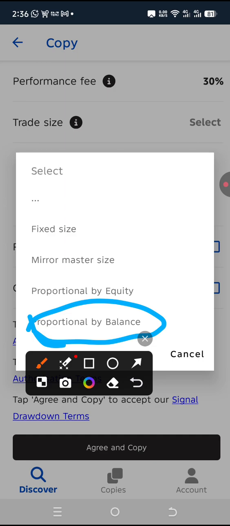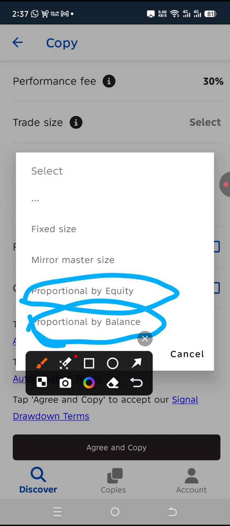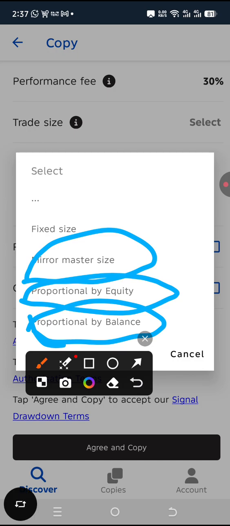So if it's only checking your balance to trade with you, and the other pair starts misbehaving at that time, it would affect things. So if you're going by proportion, then I feel you should go by equity. If you want to mirror master size, make sure the guy is stable with his capital, or you keep checking his capital every now and then to be sure that you're still on the same page with him.